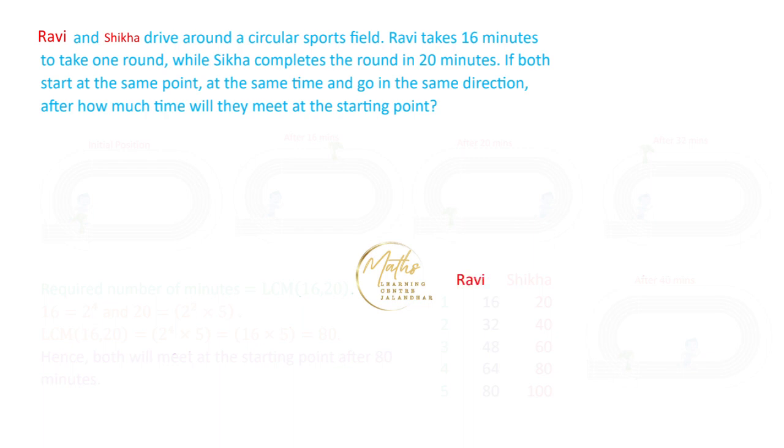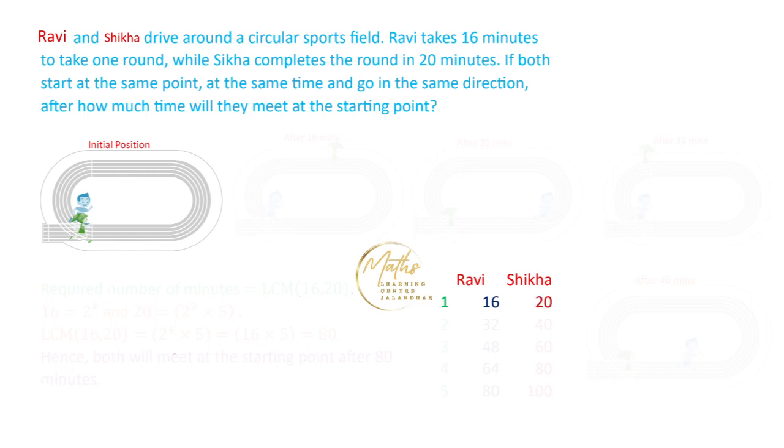To understand this question, we are considering this case over here. There are two persons, Ravi and Shikha, and they have started from the same initial point. They have started driving around a circular sports field, and after 16 minutes Ravi will complete one round, while Shikha takes 20 minutes.